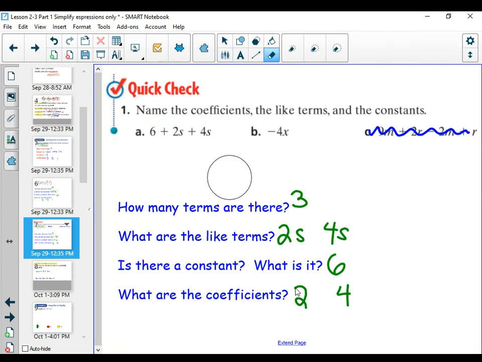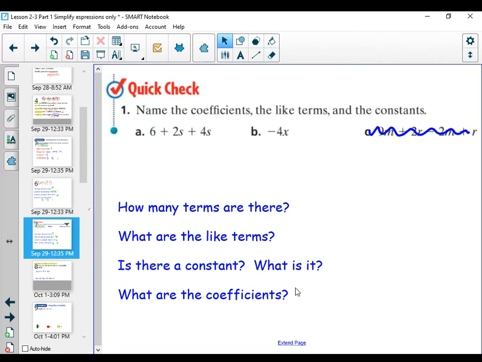Working my way down those notes. Last one says negative 4x. That doesn't look like an expression. But it is. It has a number, a hidden multiplication symbol, and a variable. How many terms are there? 1. What are the like terms?